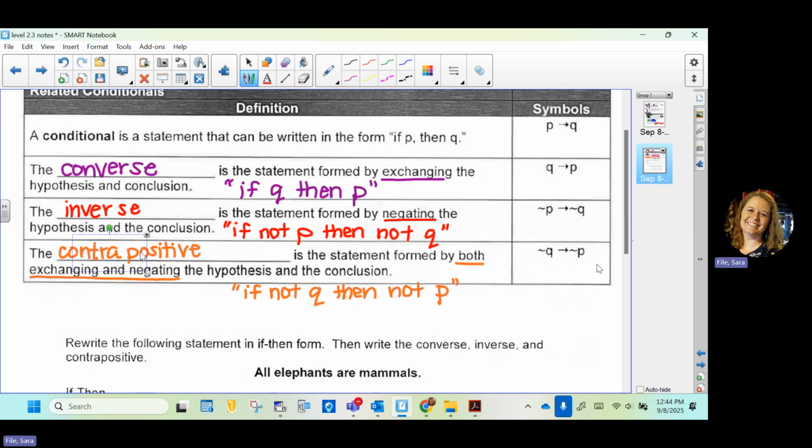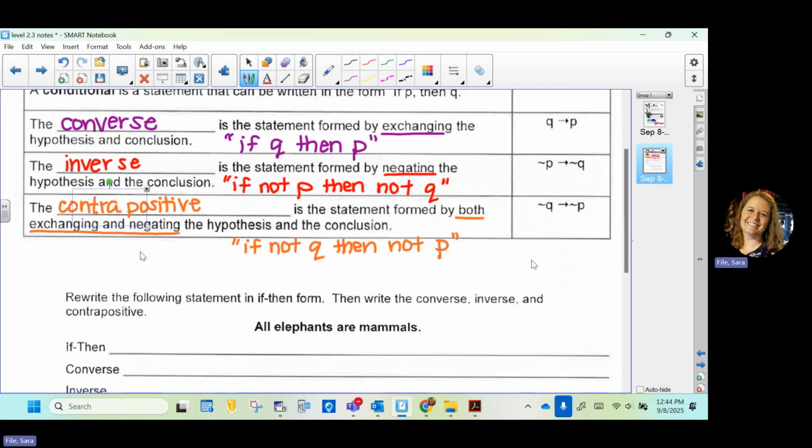Now, maybe it's a true conditional statement, but when you create some of these converse, inverse, contrapositive statements, it may no longer be true. And that's okay. It's not going to stay true all the time.